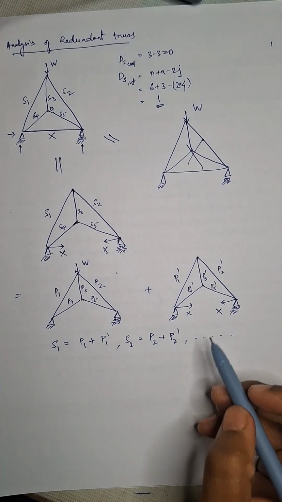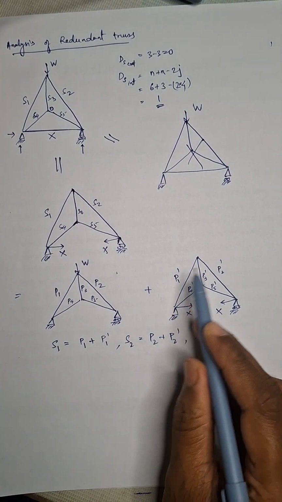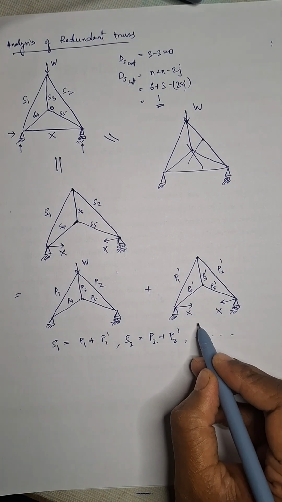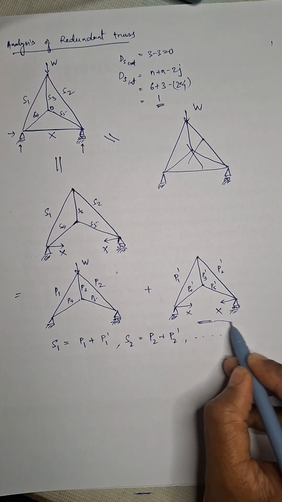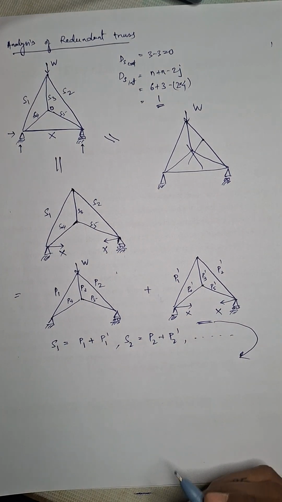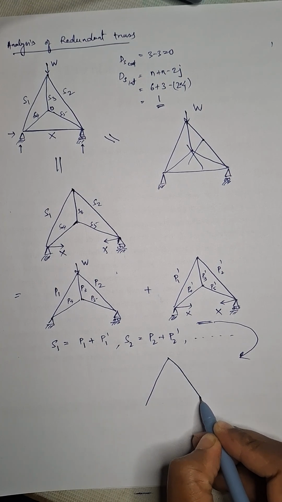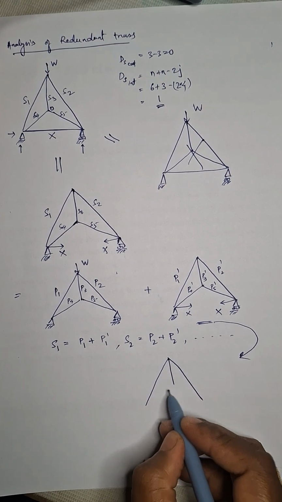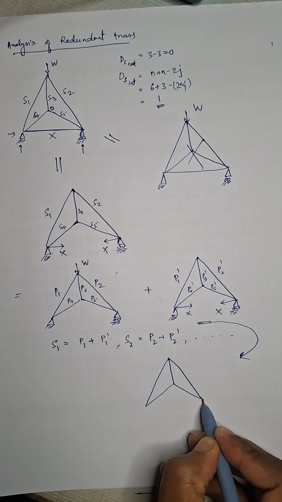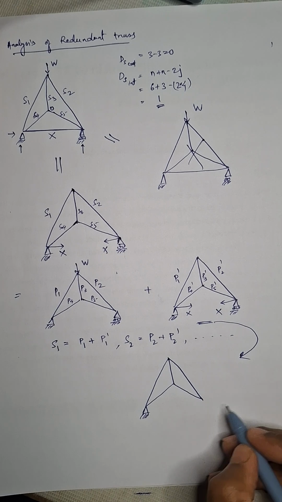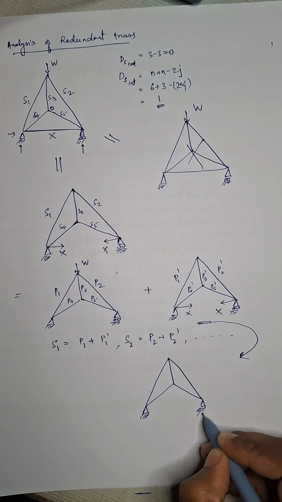Now we need to take common X from all the member forces. If I do that, I can write this system as this. So this one is hinged and this one is the roller.